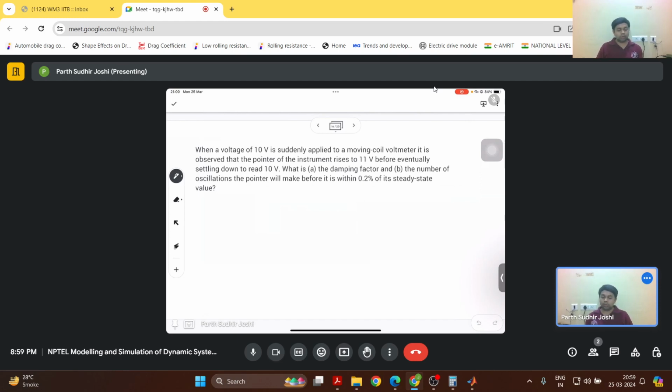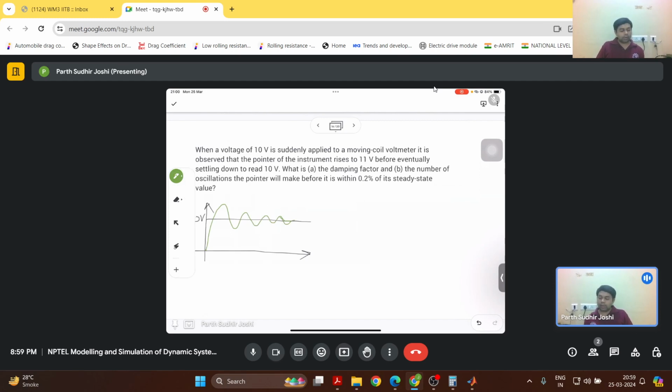So now here we will assume that the voltmeter is a second order system, and it is being given a sudden input of 10 volt. So the 10 volt is a step input, and if the voltmeter indicated 0 volt earlier, it starts oscillating, and then eventually it settles down to nearly 10 volt.